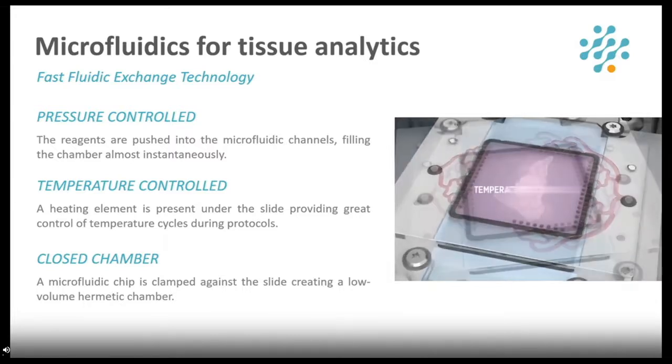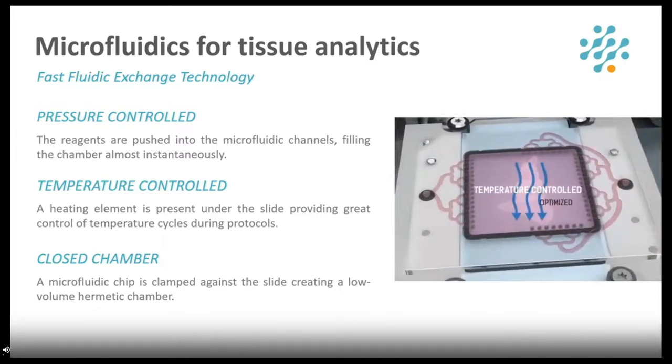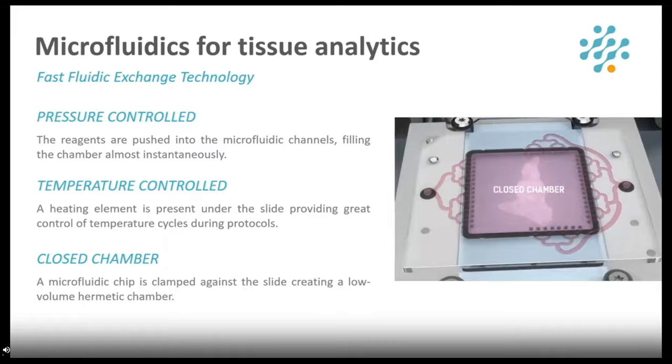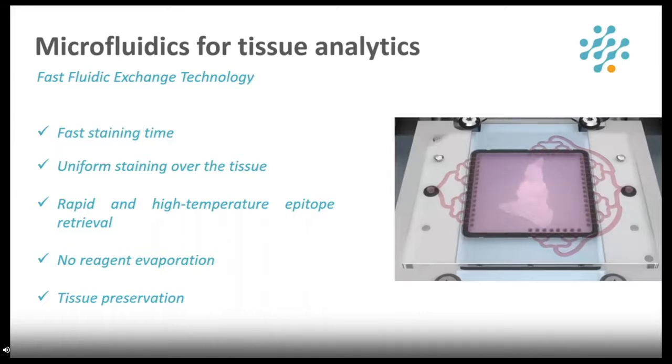The perfect sealing between the chip and the slide offers a controlled environment to the tissue with multiple benefits. Staining times are much faster due to reduced diffusion times in the chamber. There is a more uniform staining over the tissue. The rapid and high temperature epitope retrieval are made possible while preventing reagent evaporation and preserving the tissue.